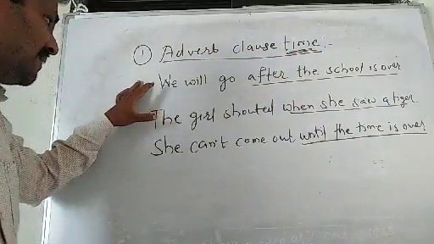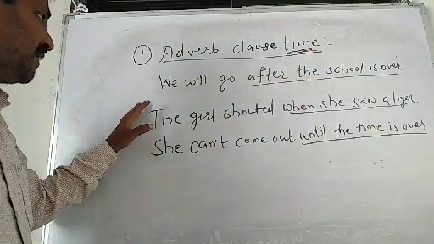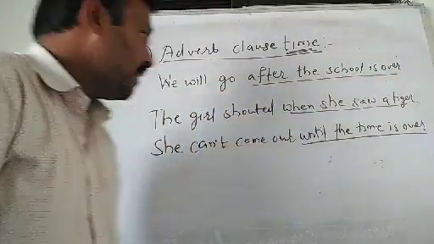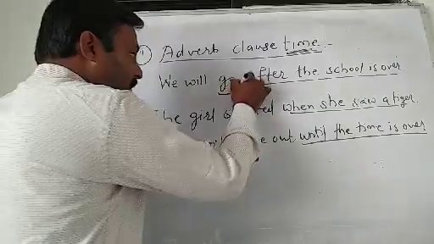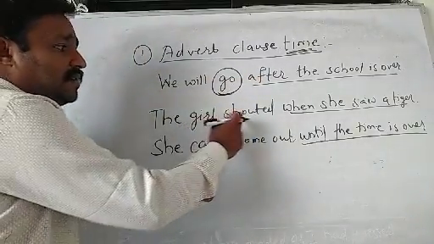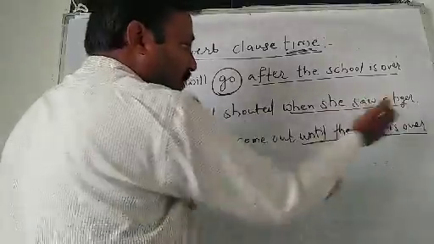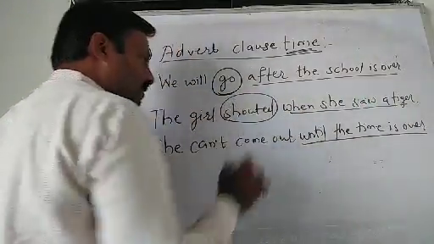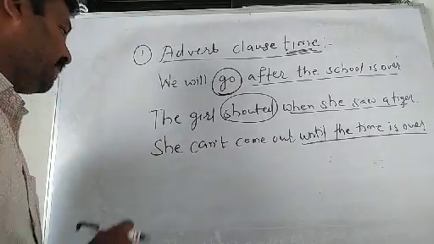Friends, if you concentrate on these examples, first one, "we will go after the school is over," here the verb, the action, is go. Second, "the girl shouted when she saw a tiger," the action word, that is the verb, is shouted.